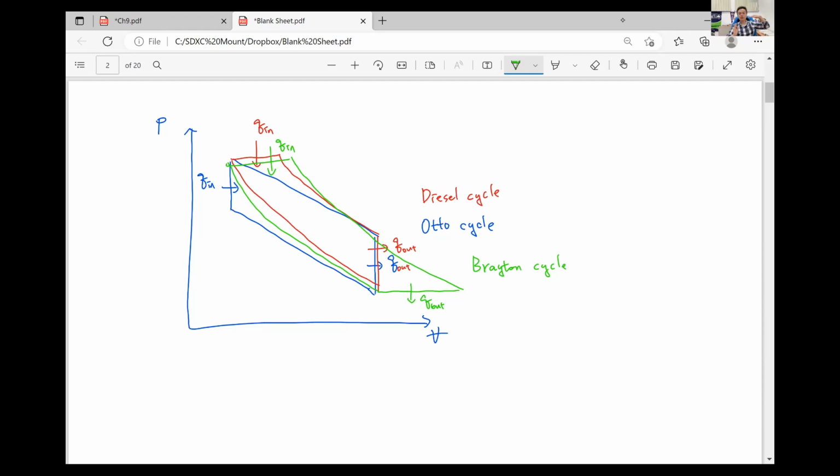Now for the Brayton cycle, both heat addition and heat rejection processes are replaced by two constant pressure processes. So these are the differences among these three cycles.